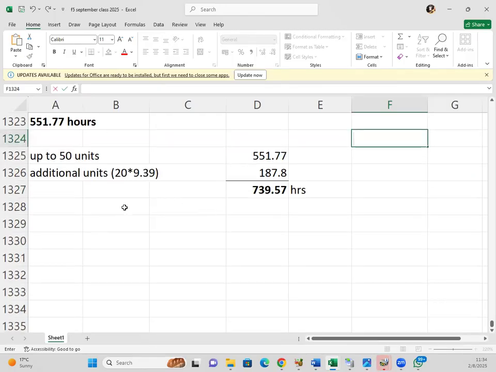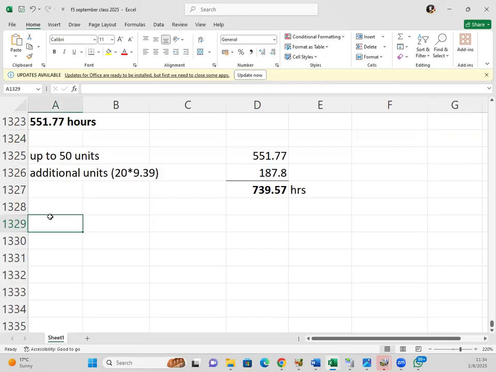Now, the other issue is regression and correlation.